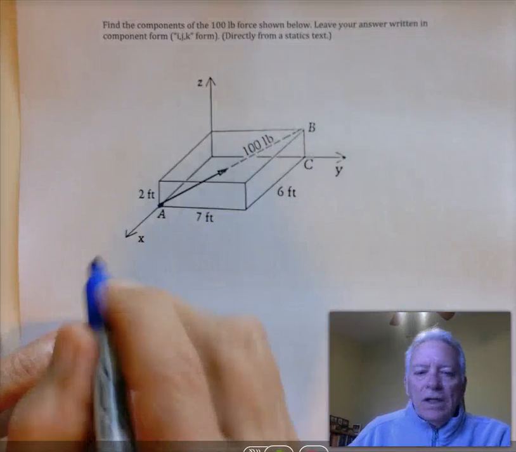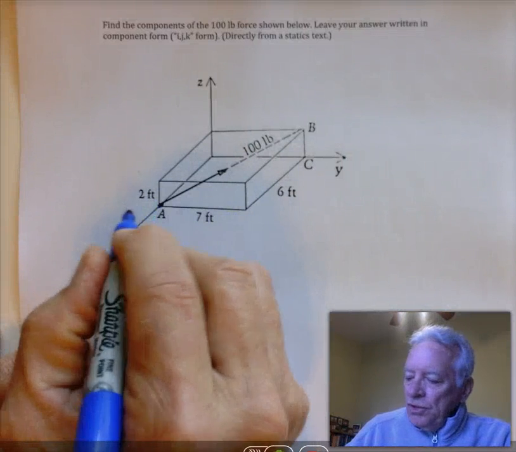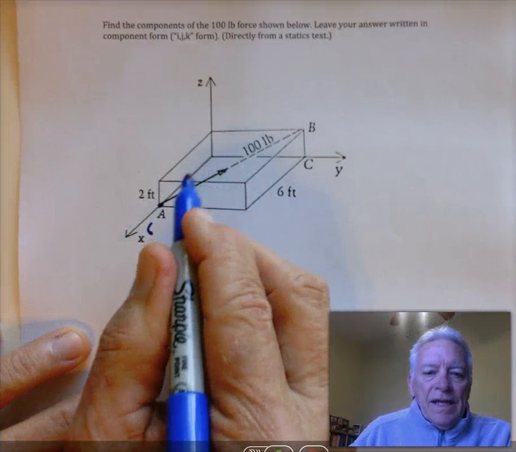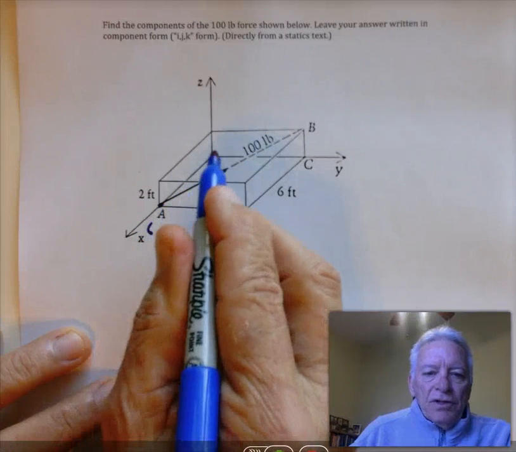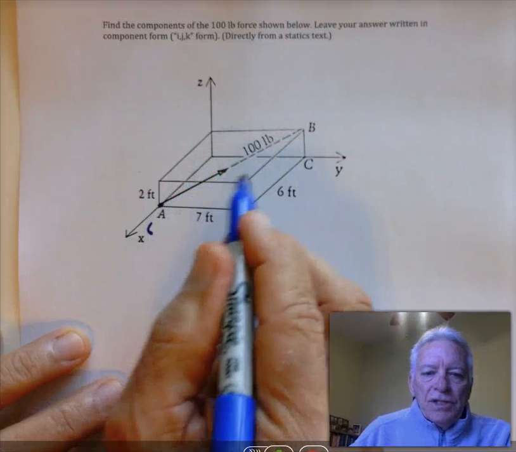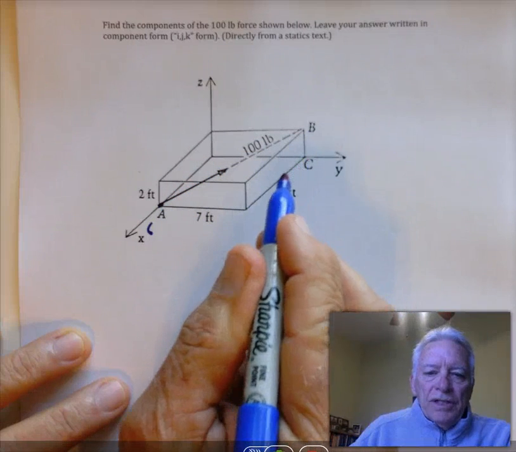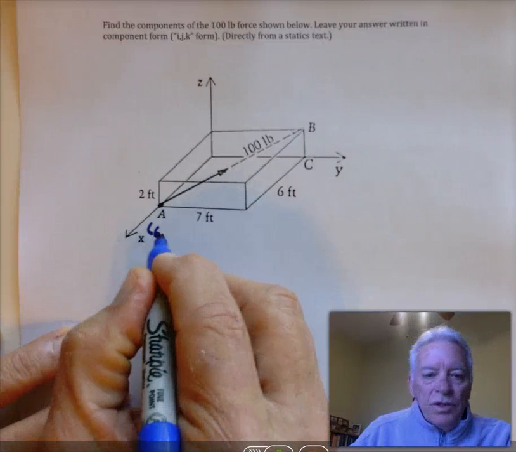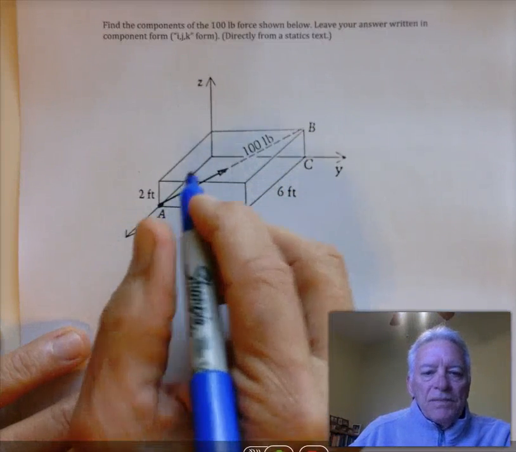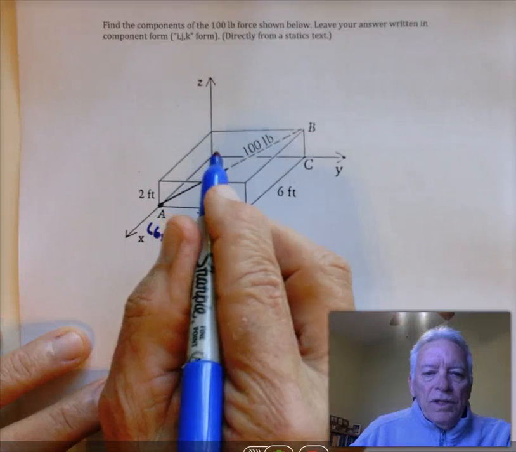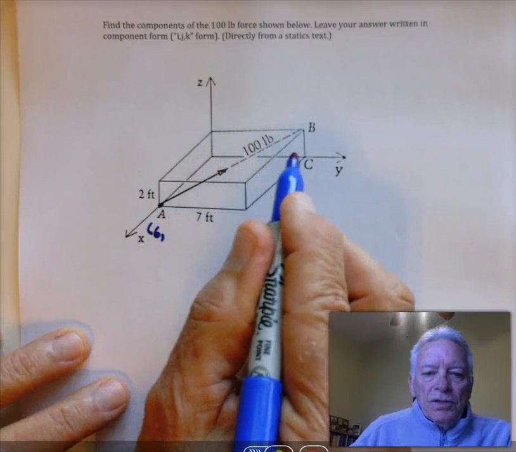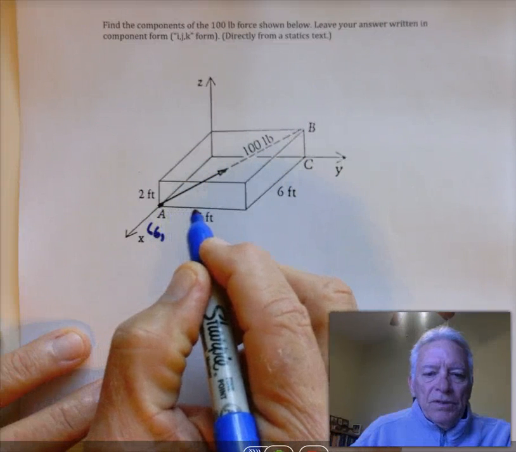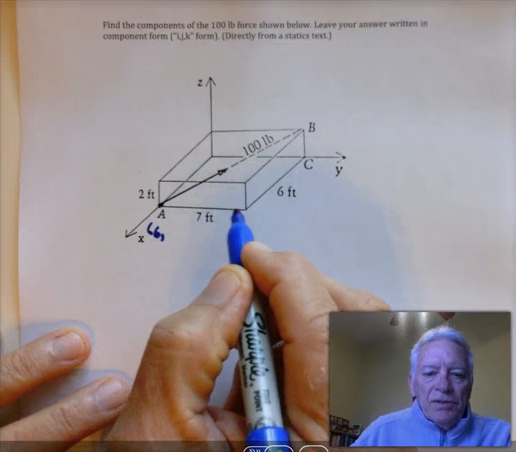So we start off by looking at what the coordinates of point A are. On the x-axis, how far do you have to go from the origin in the x direction? You see that over here on the right side of the diagram, that's going to be 6. So the x-coordinate of point A is 6. Now the y-coordinate is how far you have to go along the y direction, and you see that down here at the bottom of the diagram. So that's going to be 7.